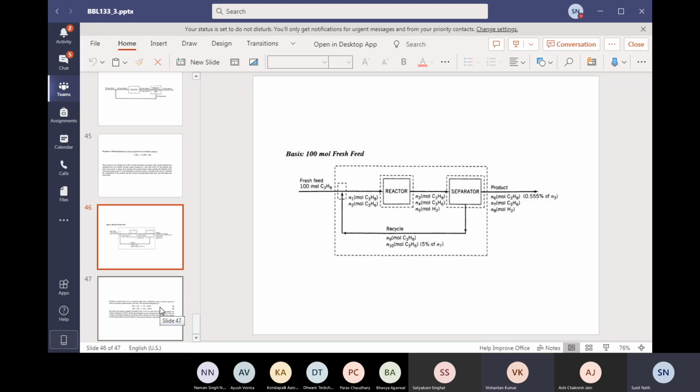But before that, we know N6 is 0.55% of N3. So we can find N3 using that. How much is that? It comes out to be 900. So that means you also have N3 now. Label it.